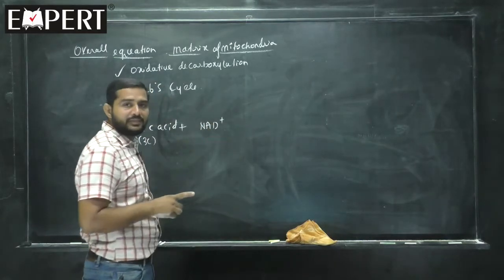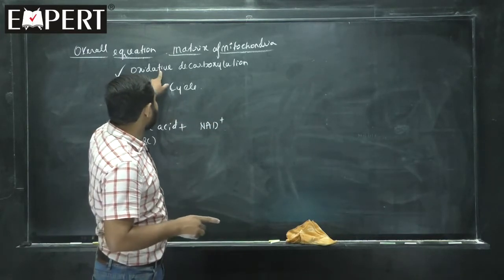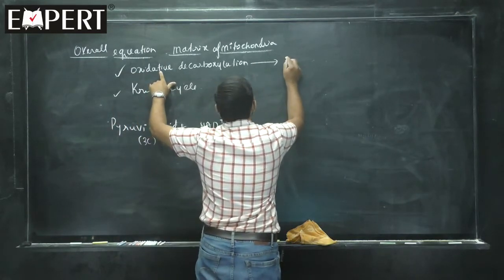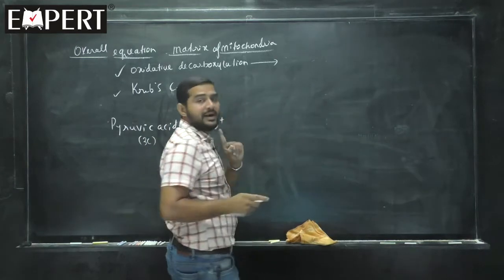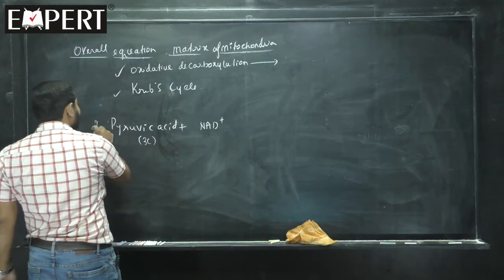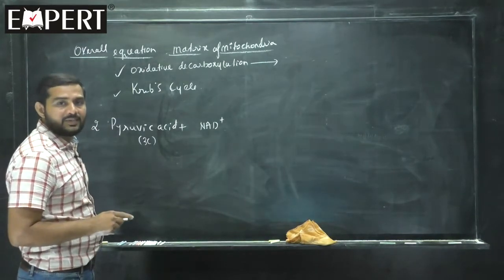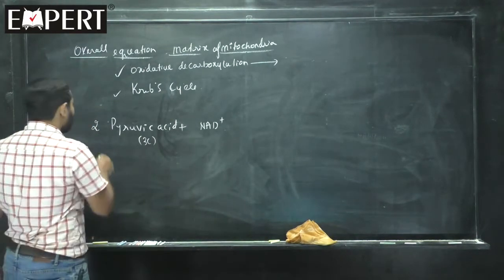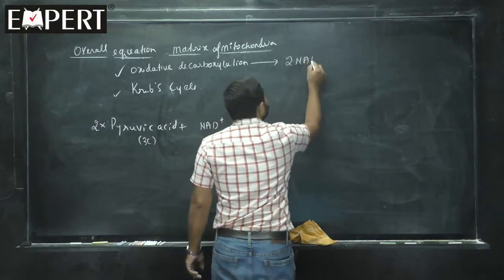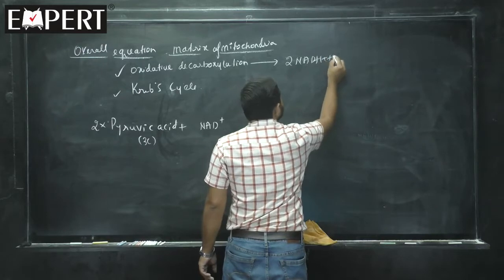How many NAD plus? In the oxidative decarboxylation, for 1 pyruvic acid 1 NAD plus. If I take 2 pyruvic acid, then it becomes 2 NAD plus. I will write now 2 here, so 2 NADH plus H plus is formed here.